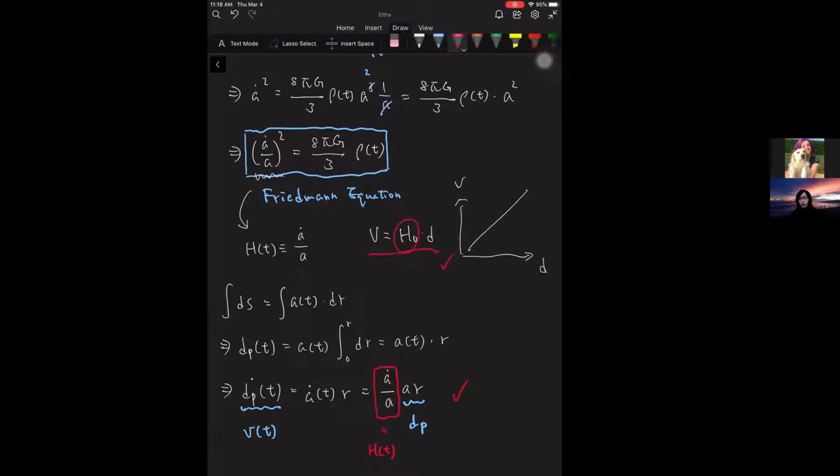Okay, so I should also mention that the Friedmann equation we are writing here is for flat spacetime.